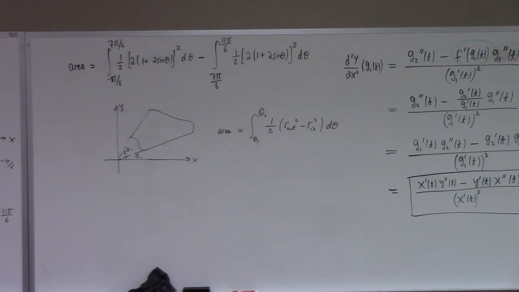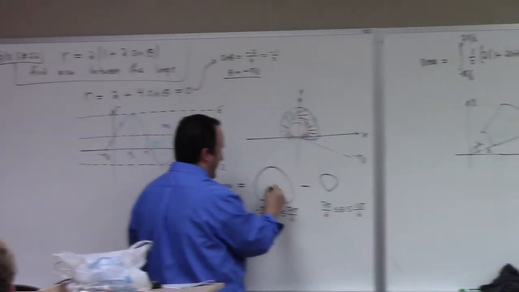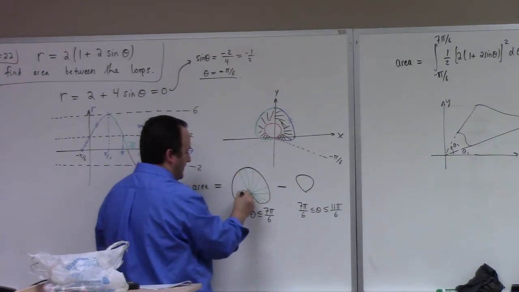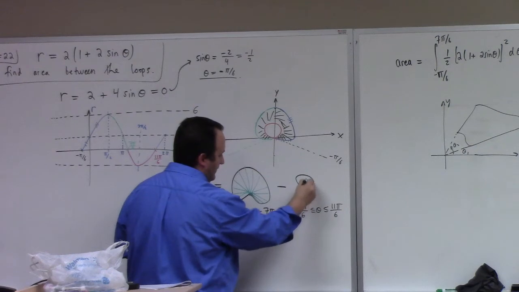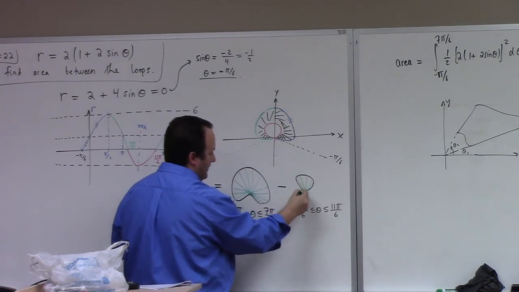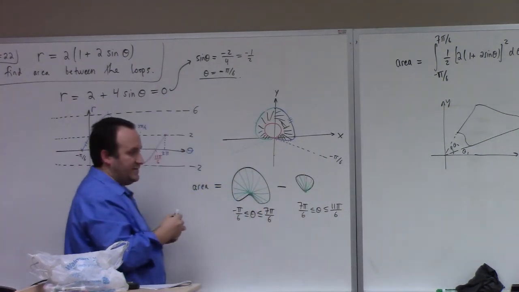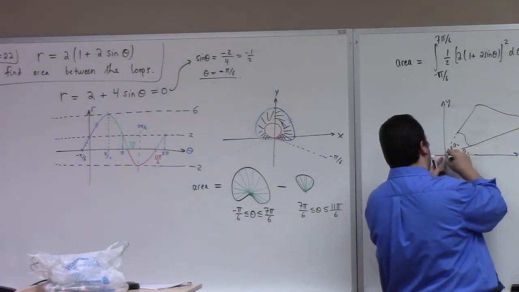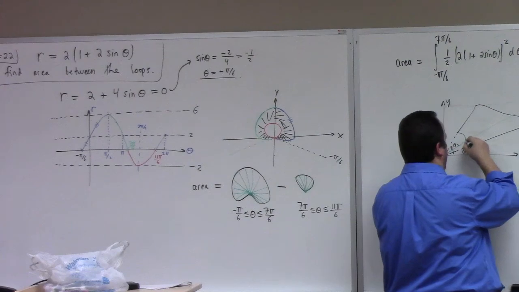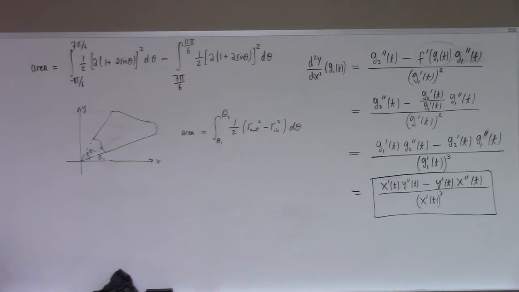If you go from the origin to any point, the inside radius is 0. In here, if I go from the pole to the shape, then the inside radius is not the origin.